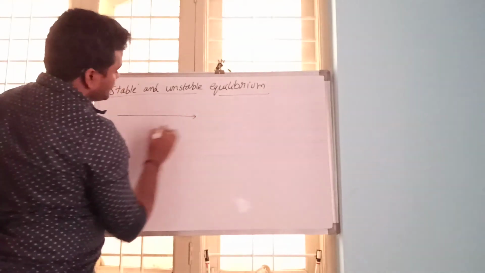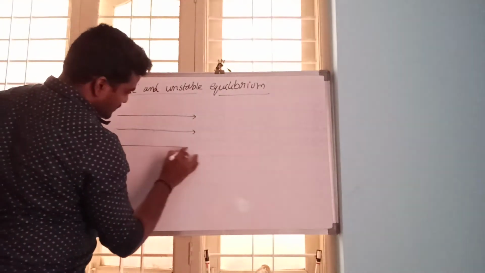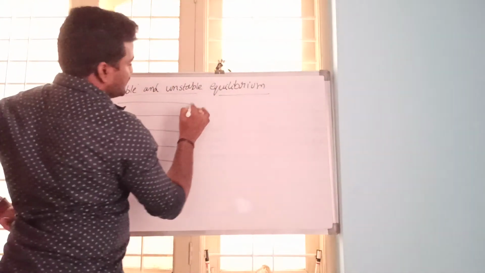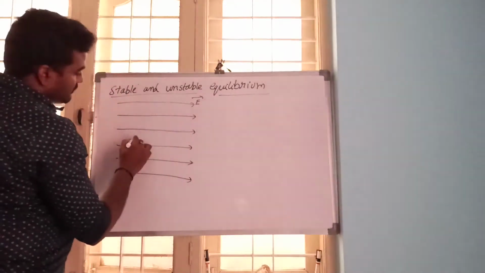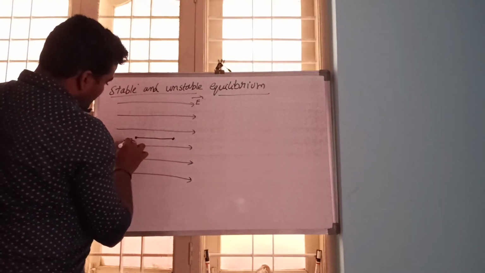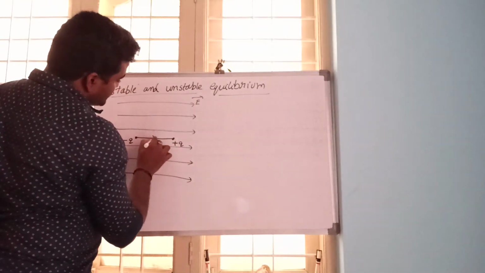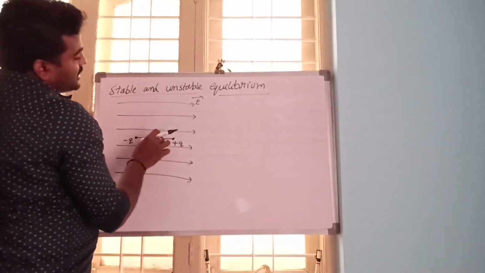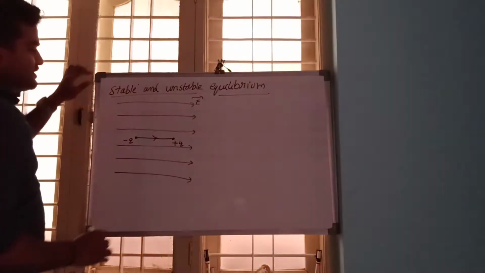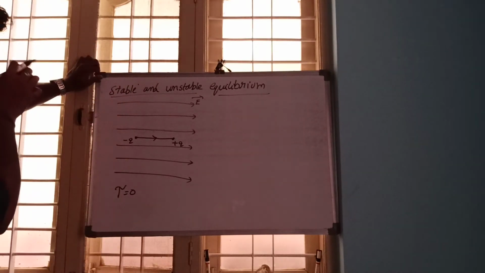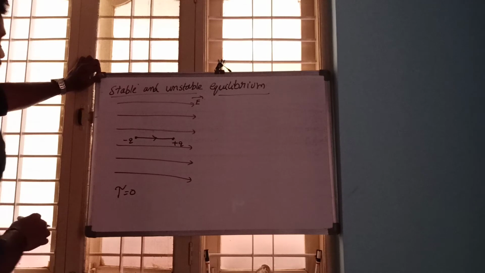If you take an electric field E bar, and if you place the electric dipole in the direction of the electric field, then there exists no torque on the electric dipole.